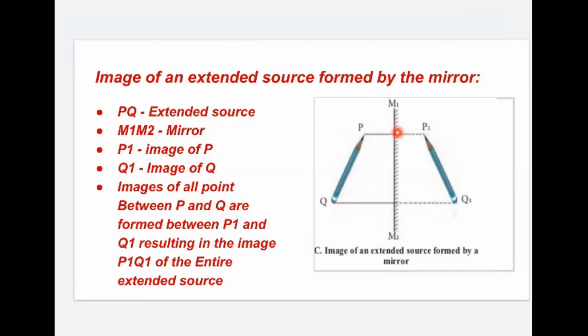The distance at which each point on the pencil is placed, at the same distance the image of that point is seen at the back of the mirror. There is no difference here. Only the distance at which the object is placed in front of the mirror matters. At the same distance, the image is formed, but at the back side of the mirror.